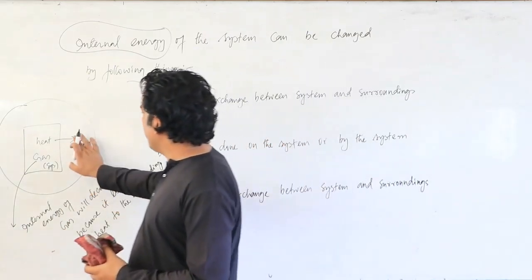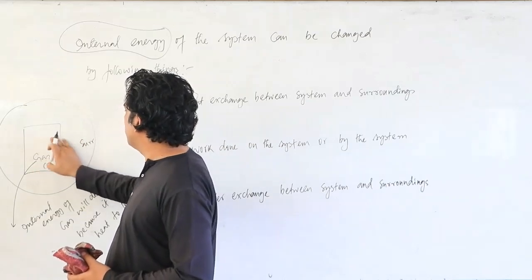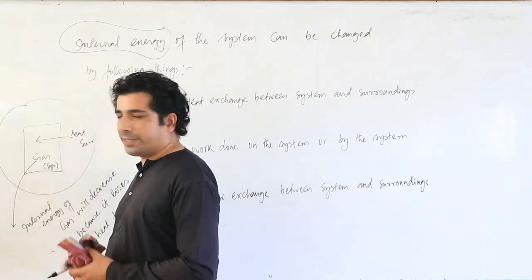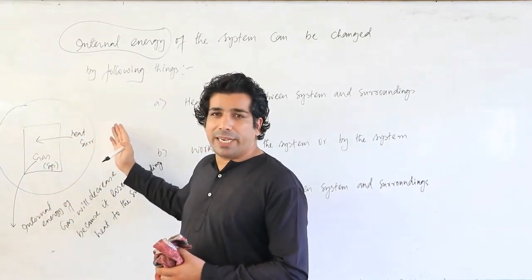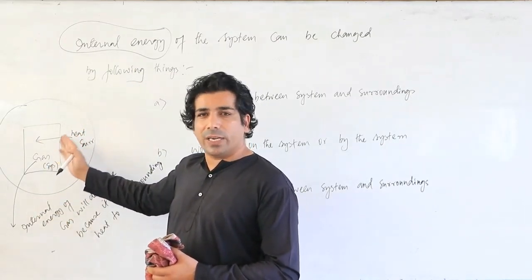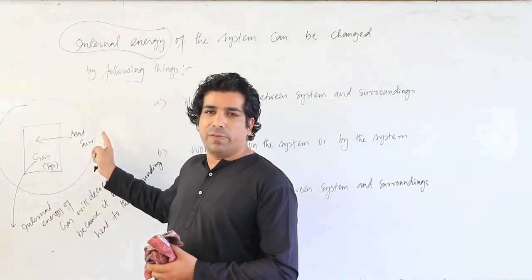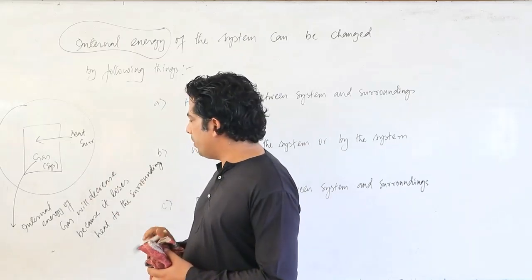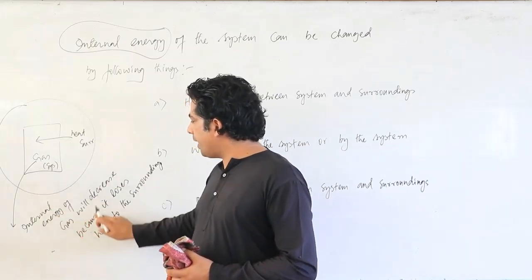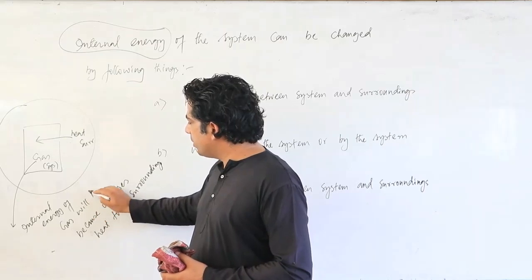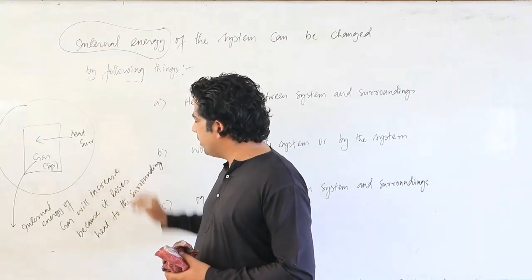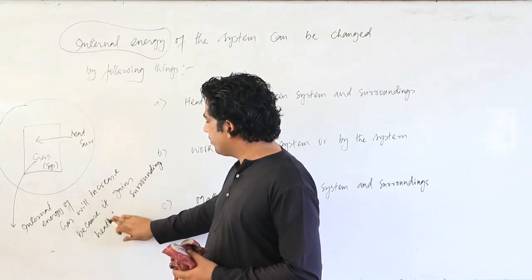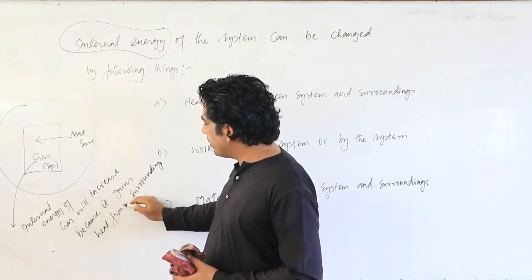What is the reverse thing? If the heat comes from the surroundings into the system, that means the surroundings should be at high temperature and the system should be at low temperature. Then only will heat flow from surroundings to system. Correct? In this case, what happens? The internal energy of the gas will increase, because it gains heat from the surroundings.